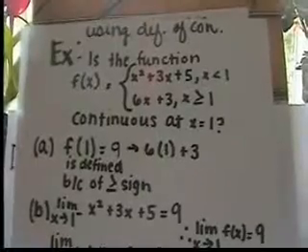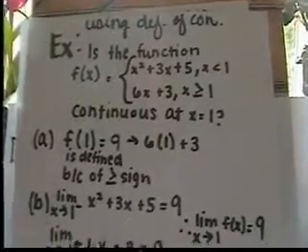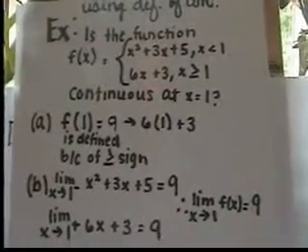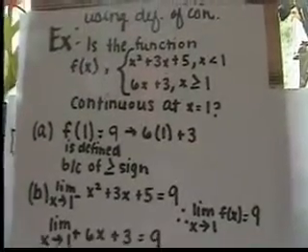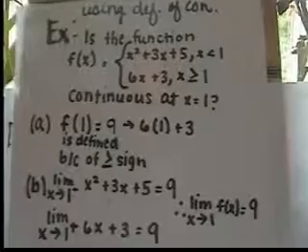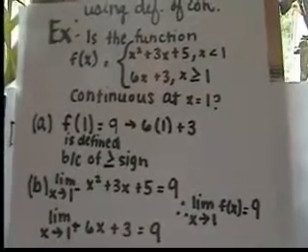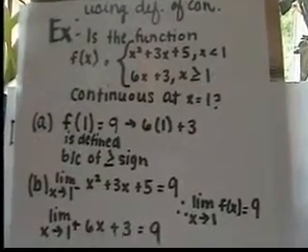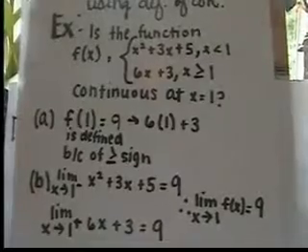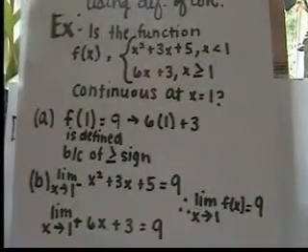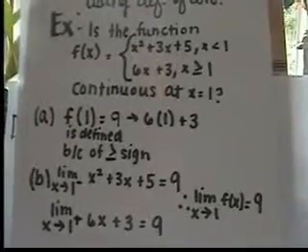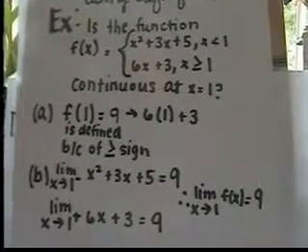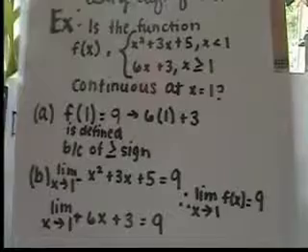The second one, you have to find the limit as x approaches 1. Because x is less than 1, that is the left side of 1, which is x squared plus 3x plus 5. You plug in 1 for x and it equals 9. Because 6x plus 3 is for x greater than 1, that means it's going on the right side. So it's 6x plus 3, and you plug in 1, and you get 9 also.